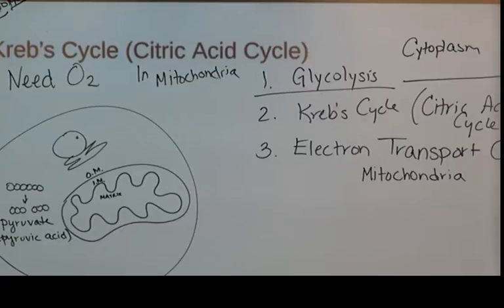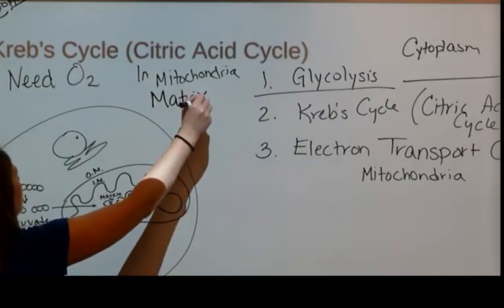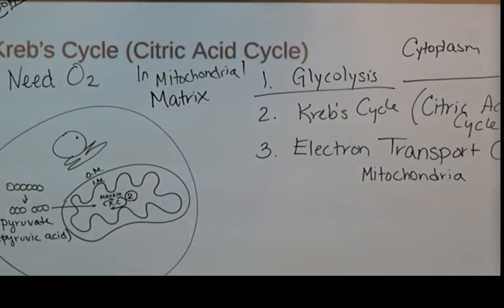So what happens is this pyruvate is then going into the matrix, and this is where the Krebs cycle will take place. I should have drawn this bigger, and I didn't. Okay, so step 1, glycolysis. Step 2 is in the mitochondrial matrix.